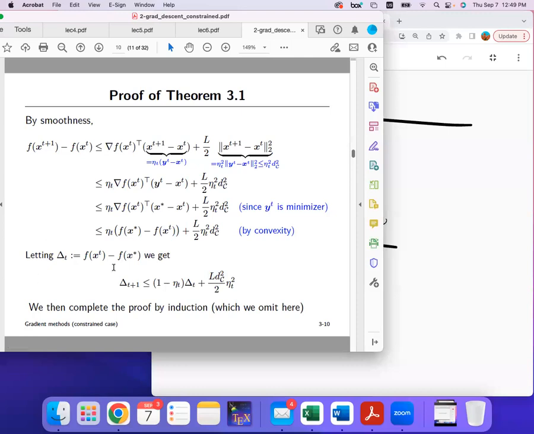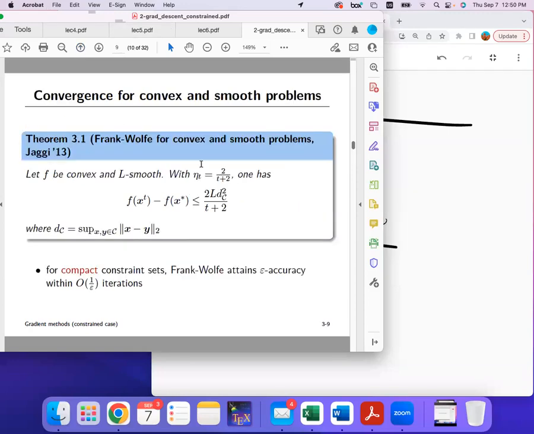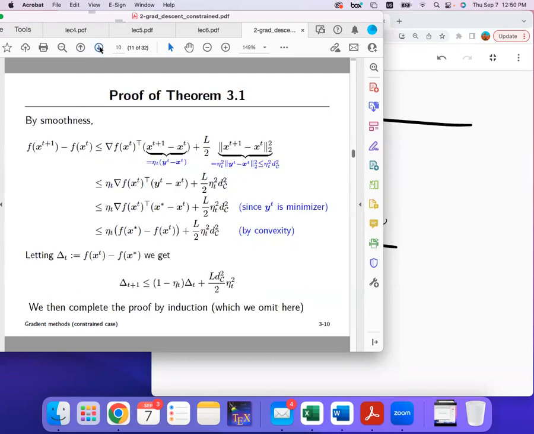Okay, so yeah, I think I will not go over details. You can just check, just argue by induction. Okay, this eta t, you need to use the definition of this eta t. Okay.